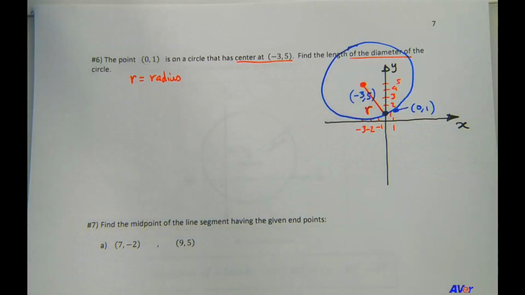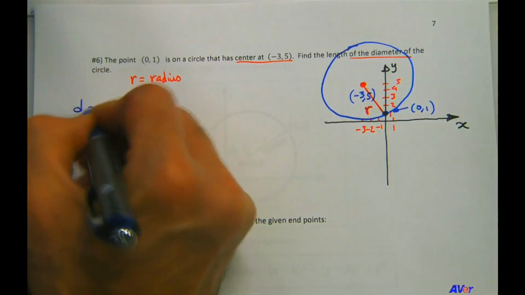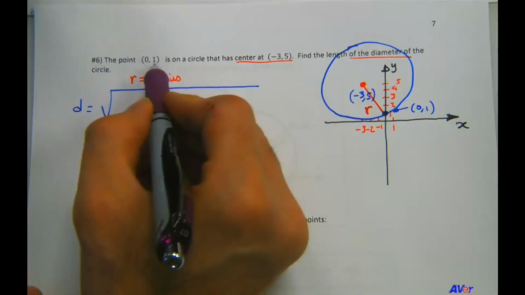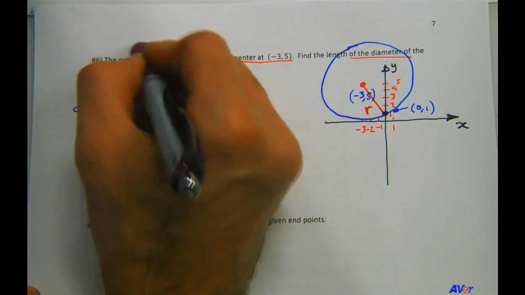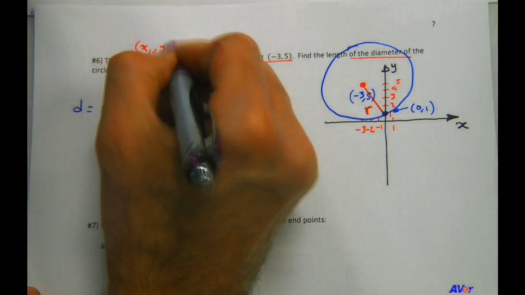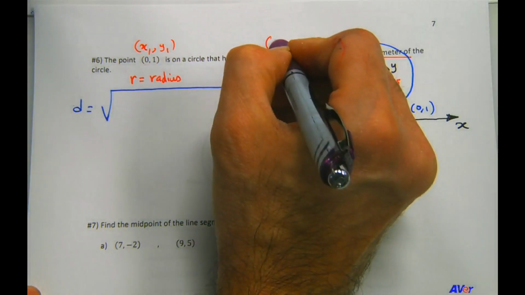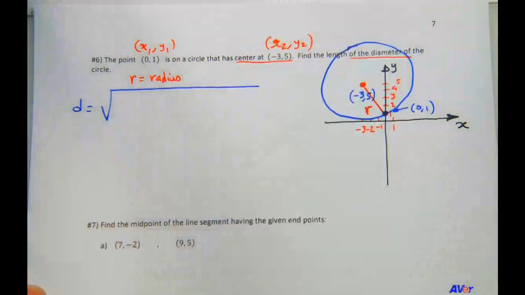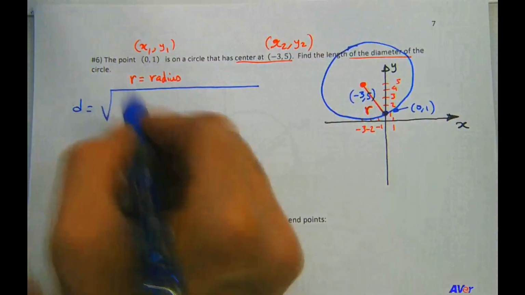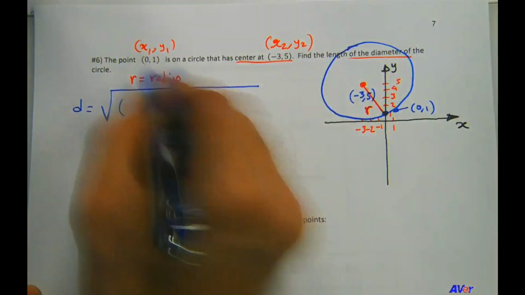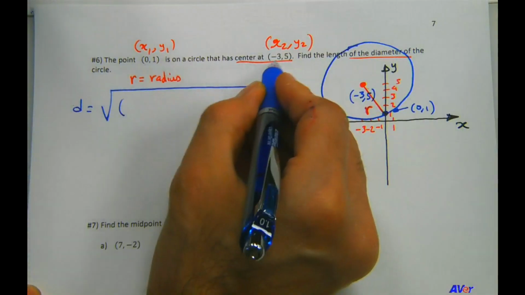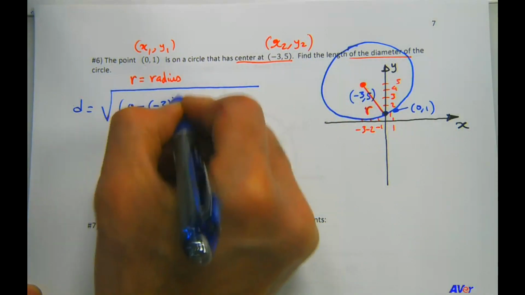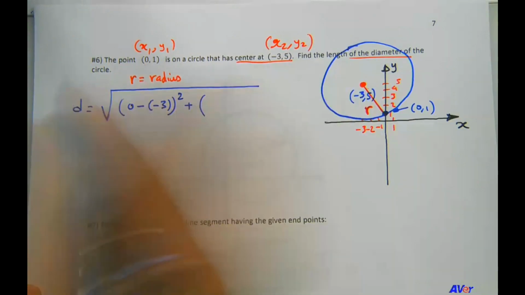So let's do that. Applying the distance formula, let's call 0, comma 1 as x1, comma y1, and negative 3, comma 5 as x2, comma y2. So x1 minus x2, which is 0 minus minus 3 squared, plus, I'm just applying the formula.